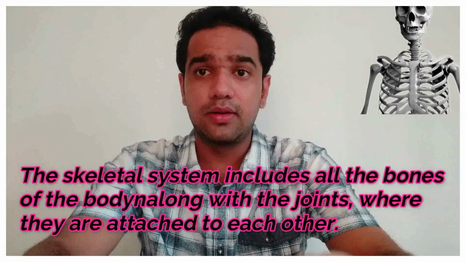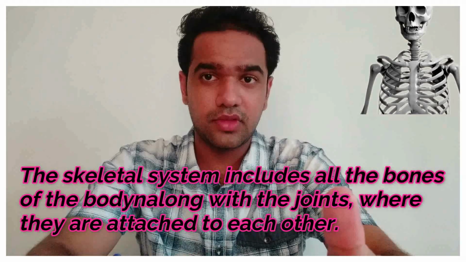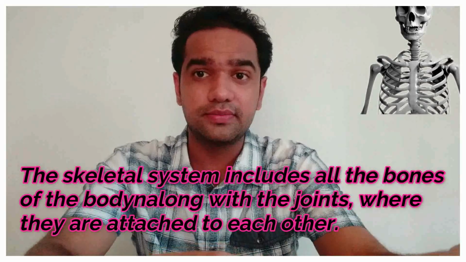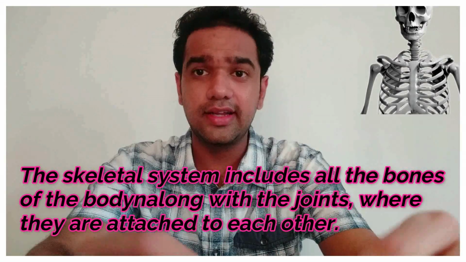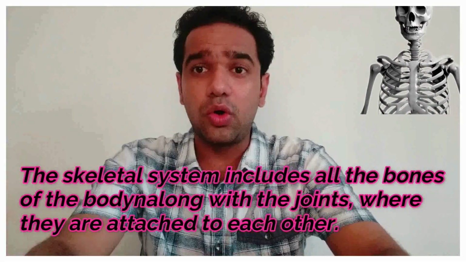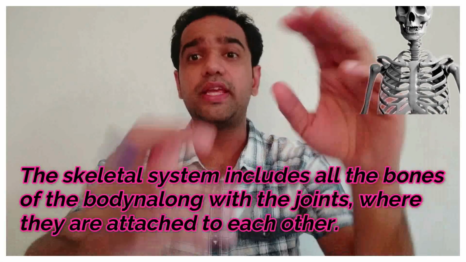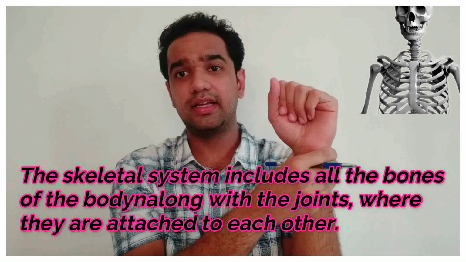Then, bones along with the joints. What do you mean by the term joints? Joints here refers to the place where 2 or more bones meet. We can call it a joint. Clear?